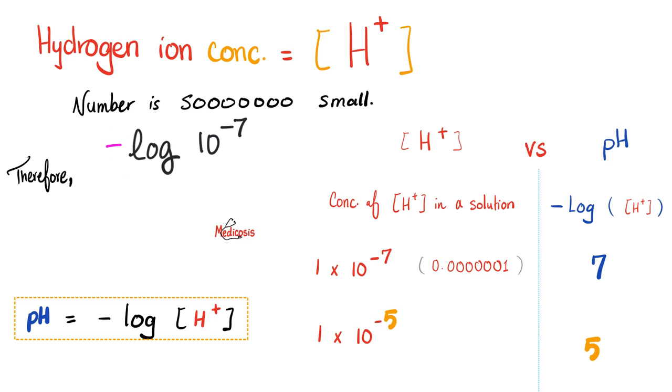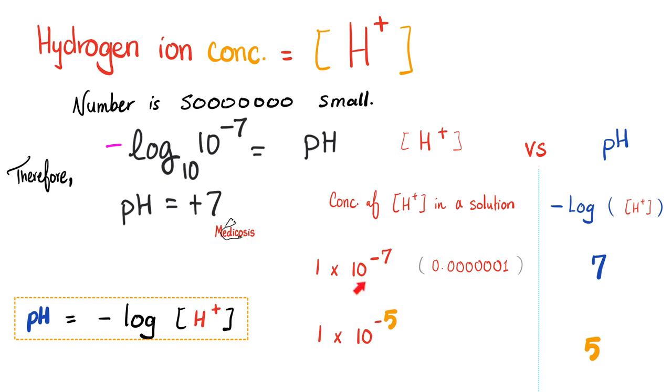Keep that negative in mind. We're coming back to it. What's the base? If it's not written, it's implied as 10. 10 power what will give you 10 power negative 7? Well, that thing has to be negative 7. But don't forget that negative, which means the pH is 7.